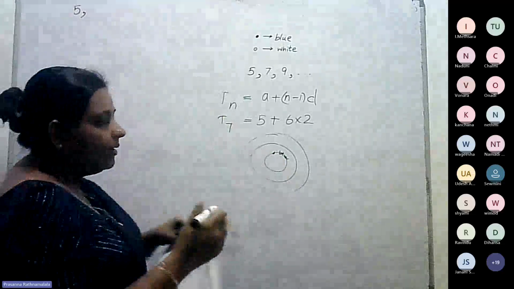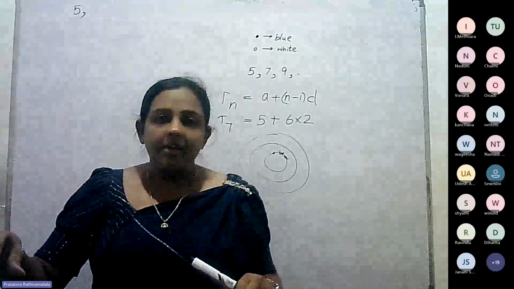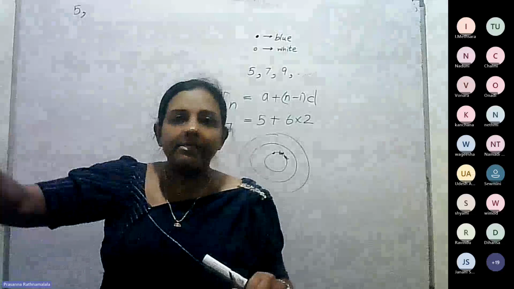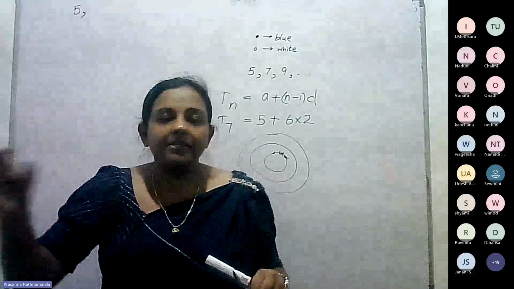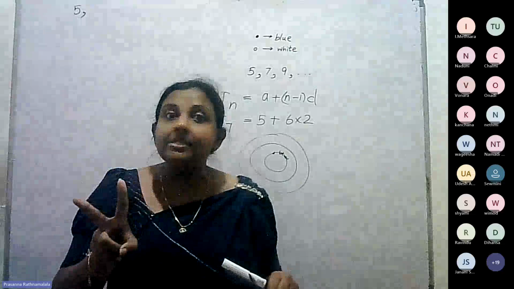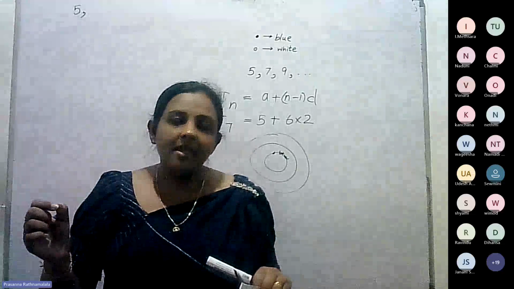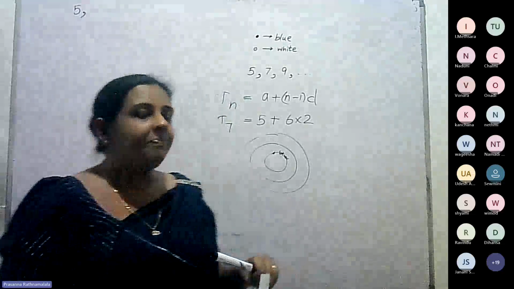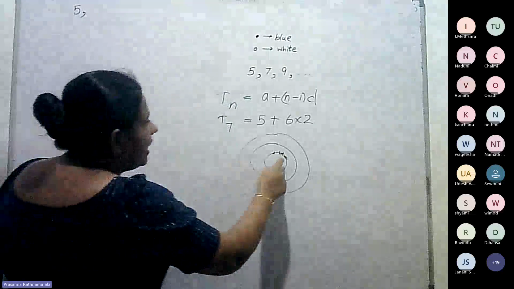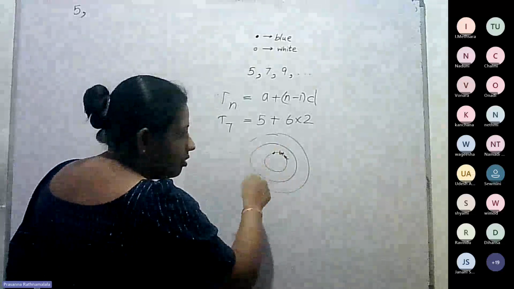Next, you know how these circles are located. Then you have to find the difference between the consecutive terms, the students in the separate circles. In the next one, the other one here, the students wear white color costumes.